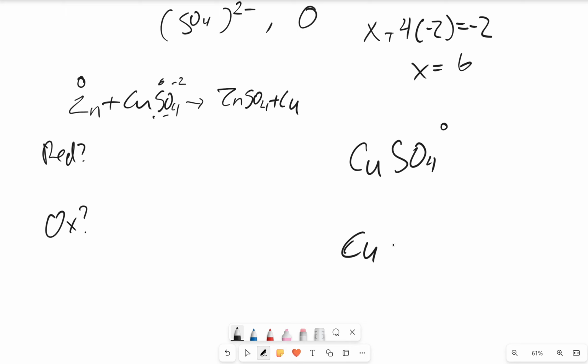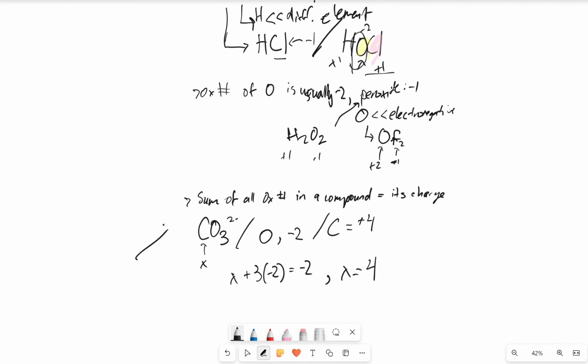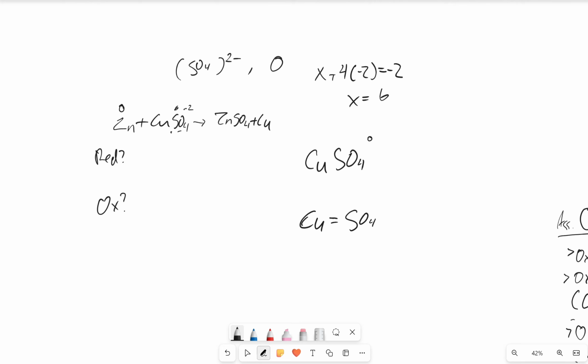Therefore, we know that Cu's charge must equal SO4's charge. And we remember that the sum of all oxidation numbers in the compound is equal to its charge. Therefore, copper's oxidation number must be +2. So far on this side, we have 0, +2, +6, and -2.